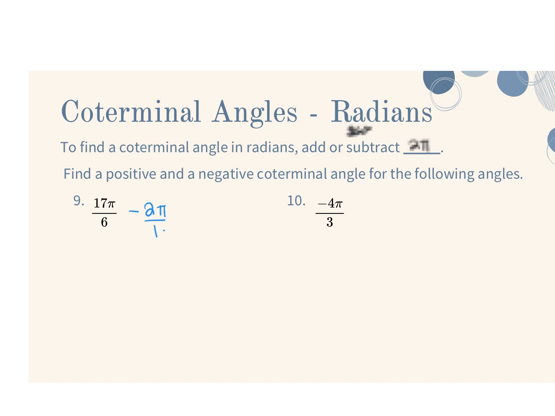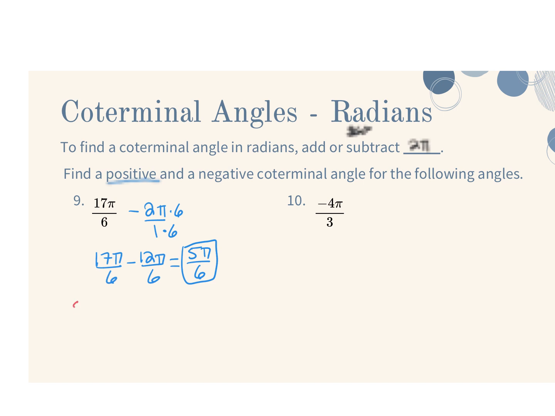So I'm going to write 2 pi over 1 and then multiply by 6, multiply by 6. What are we left with? We're left with 17 pi over 6 minus 12 pi over 6. Then all we have to do is subtract the numerators, and this is going to get us 5 pi over 6. So this is one of our coterminal angles. That is the positive one.